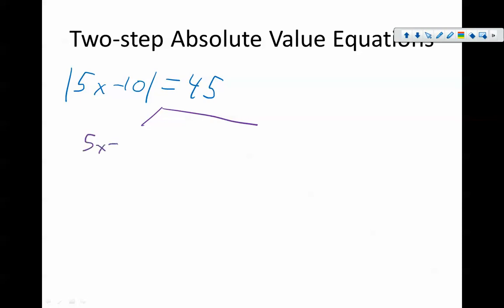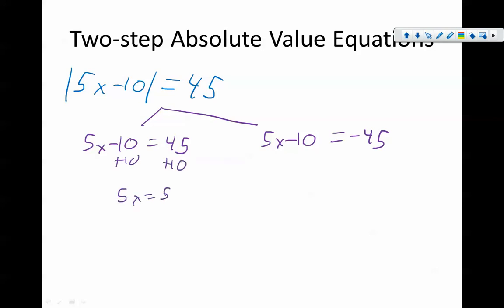I want to find the number that when I multiply by 5 and subtract 10 is a positive 45 distance away. And I want to find the number that when I multiply by 5 and subtract 10 is a negative distance away. Solving both of these equations using the same solving skills that we have always used will give us our two solutions.